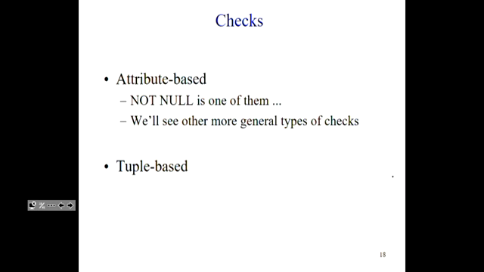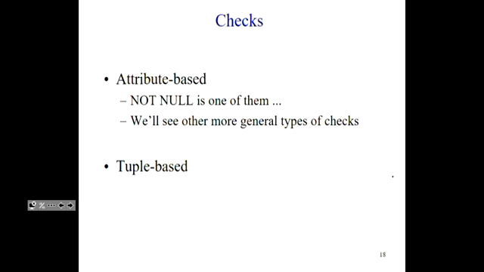Okay, so we've seen two types of constraints, which are keys and foreign keys, and we've also seen set null and not null in the past.